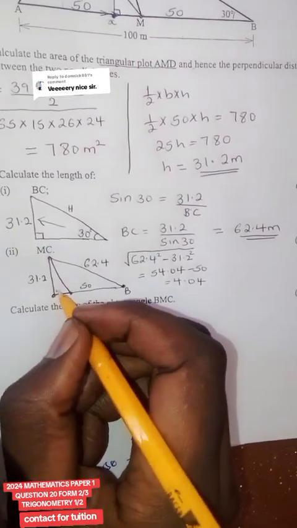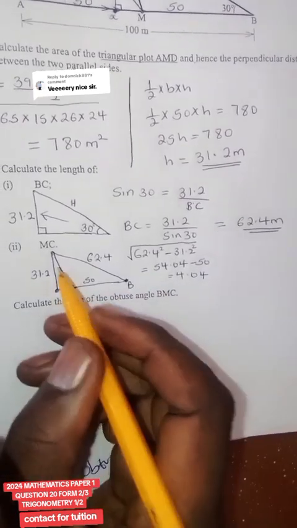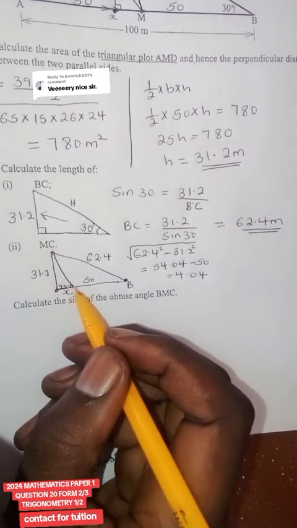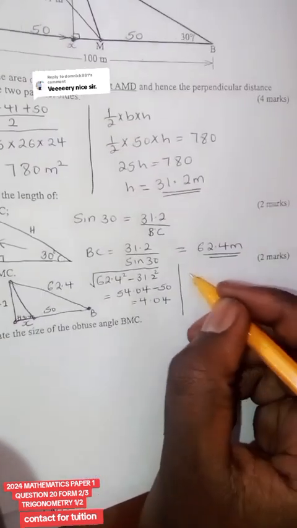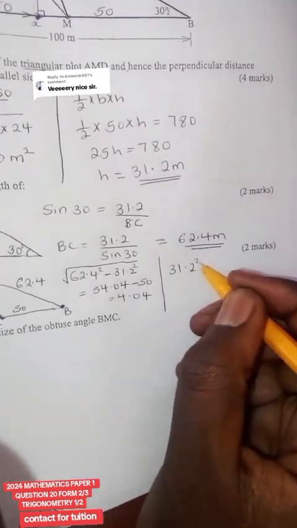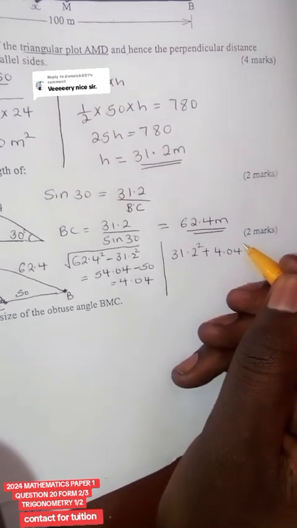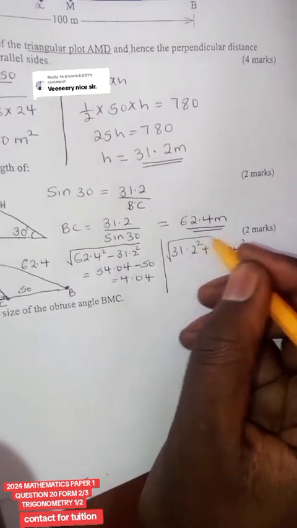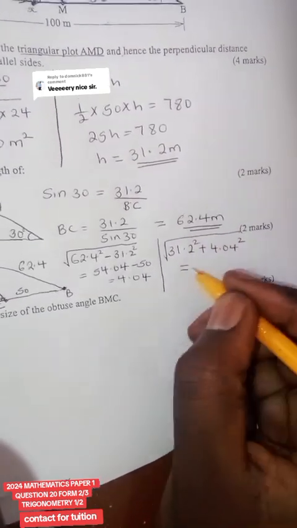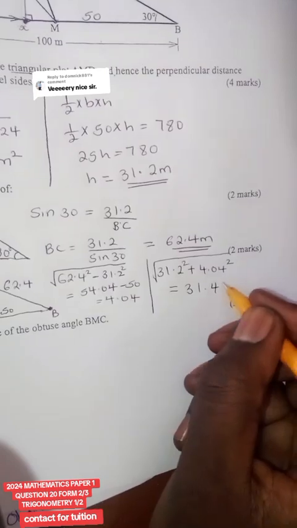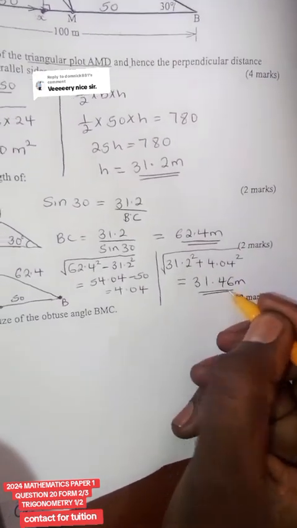So if I have here 4.04, it means I can now find the hypotenuse again. So I will have to say that 31.2 squared plus 4.04 squared, you find the square root of that, therefore giving the distance of MC to be 31.46 meters.